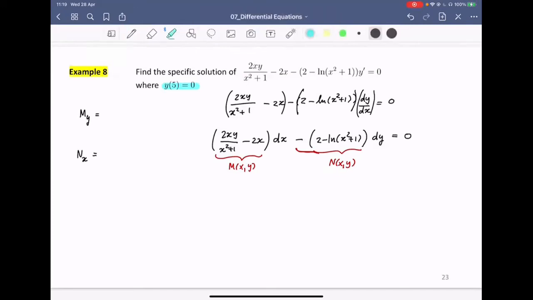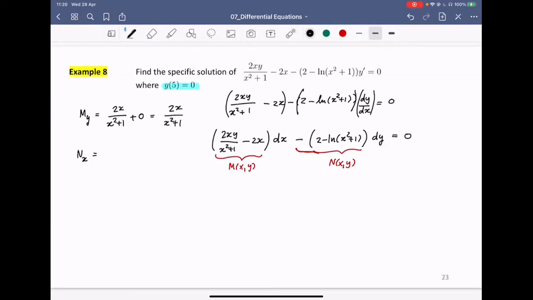If I differentiate this term with respect to y, I get 2x over x squared plus 1. When differentiating with respect to y, you treat everything in terms of x as a constant. You differentiate negative 2x with respect to y, you get 0. So I get 2x over x squared plus 1.